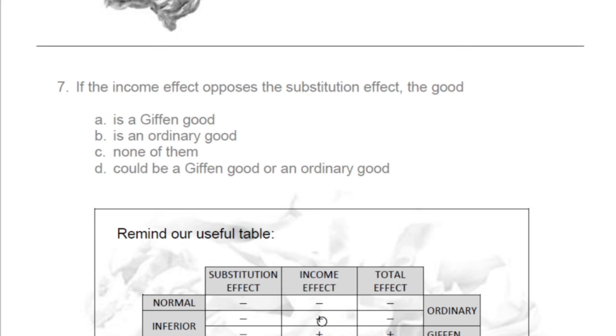In which type of goods happens this situation, inferior goods? The point is that here I didn't give inferior goods as an option. So the good could be Giffen good or could be ordinary good, as we see in the table. So the answer is D.